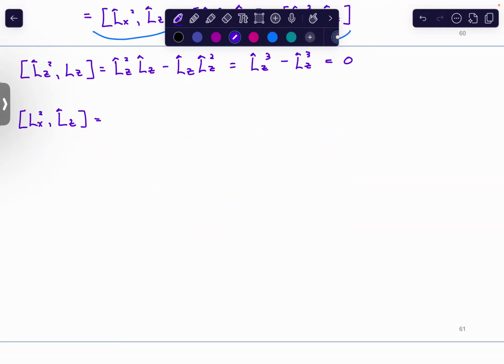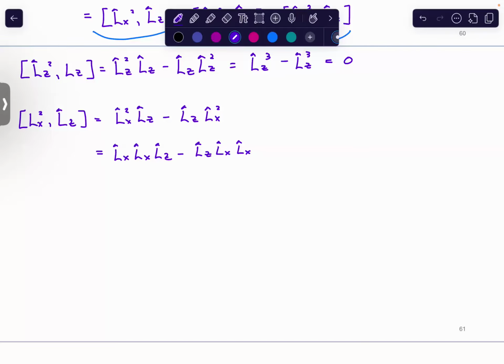So Lx squared Lz minus Lz Lx squared. Now, that means that we can also expand this to Lx Lx Lz minus Lz Lx Lx.